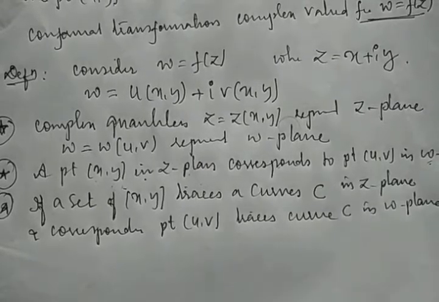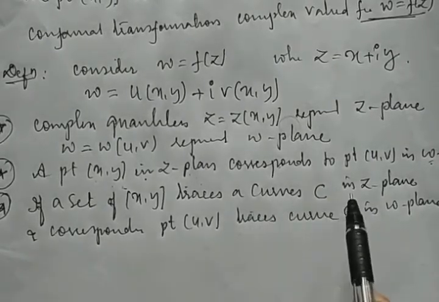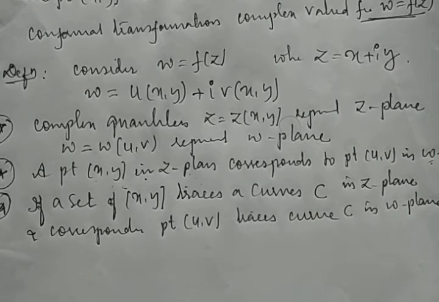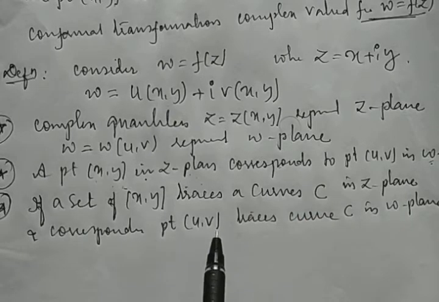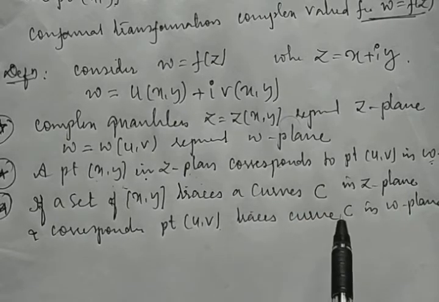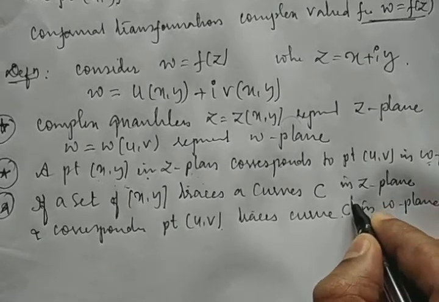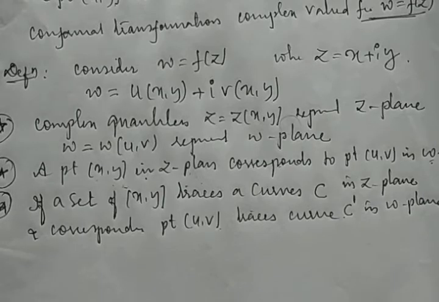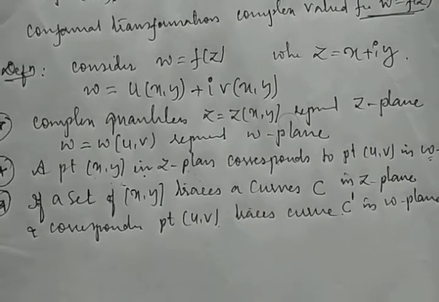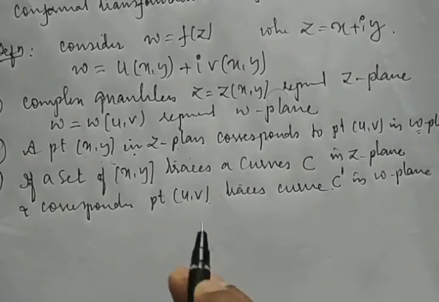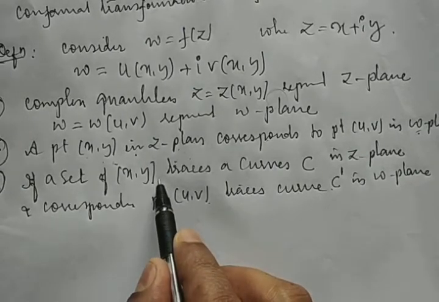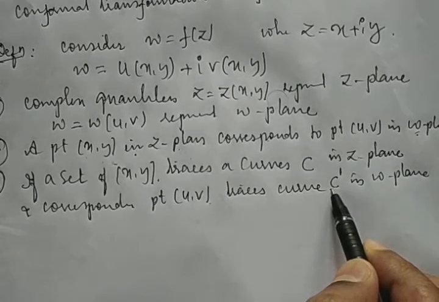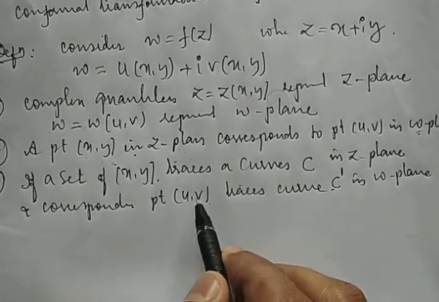It is quite interesting. If we trace a curve C in z plane with the help of x and y, automatically its impact in omega plane, with the help of u and v, the curve C dash will be traced in omega plane. Okay, so generally what it means, a curve C is traced in z plane with the help of x and y, automatically one more curve C dash will be traced in omega plane with the help of u and v.